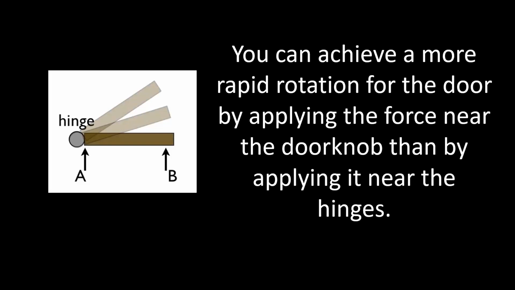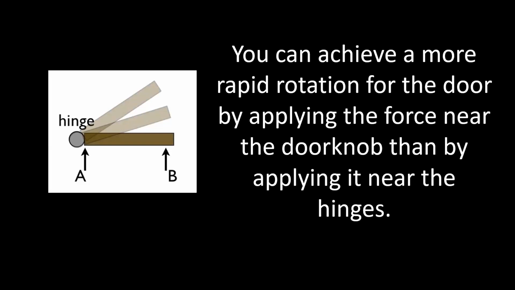But it's not just about the force, because as you see in this example, where you apply the force also matters, no? With respect to its distance from the hinge, or the axis of rotation, the same amount of force can produce different angular acceleration.